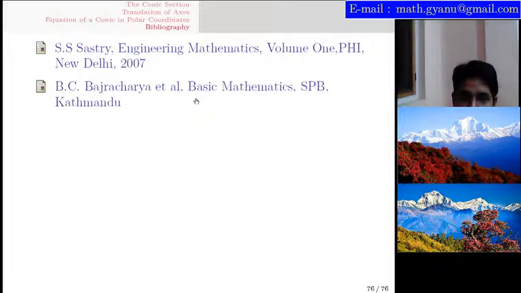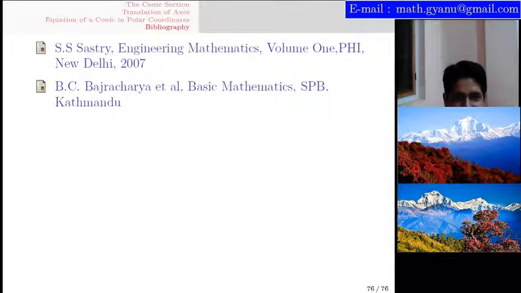Okay, and further I suggest you to use this book, Engineering Mathematics Volume 1 by Yasashri, PSI publication, New Delhi, 2007, 4th edition, as your textbook. And you may also use BC Bhattacharya, Basic Mathematics, Sukunda publication, Kathmandu, as your reference book. And I would like to thank Yasashri for providing such wonderful books.